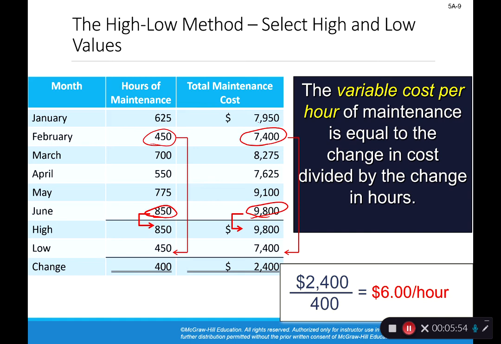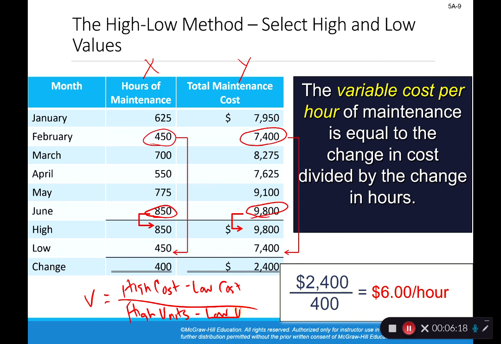So to determine the high-low data point, you use effectively your X, and then you pick the corresponding Y to make up your data points. Then the first step is to get your variable cost per unit, which is your high cost minus your low cost divided by your high units minus your low units.